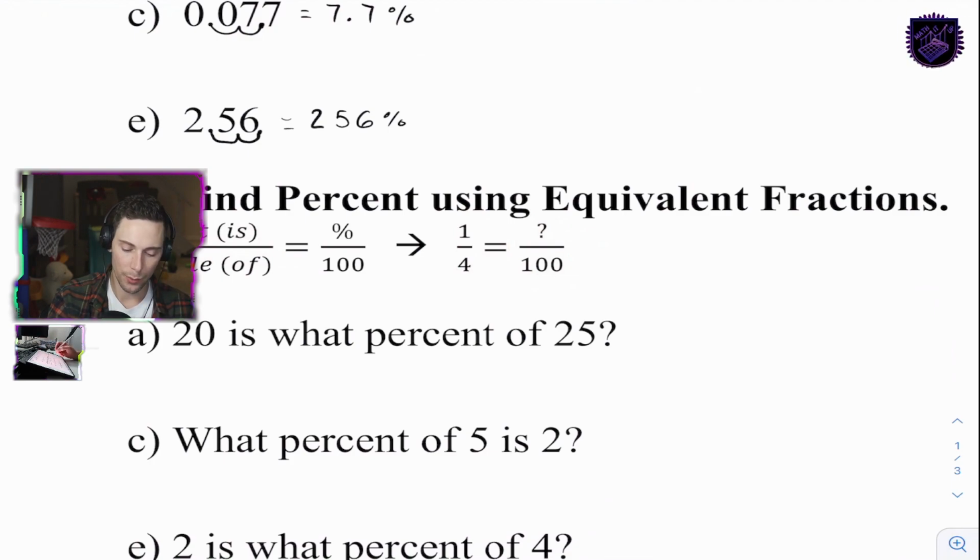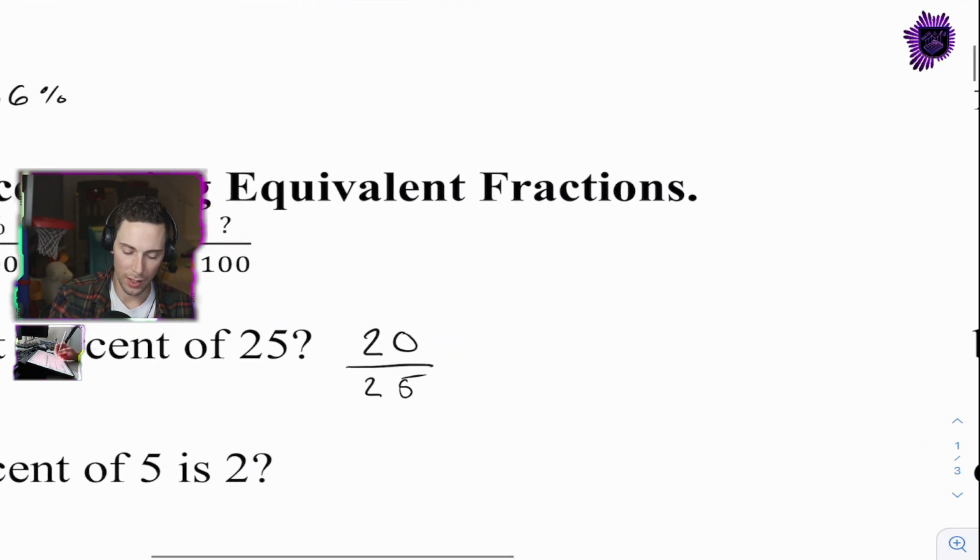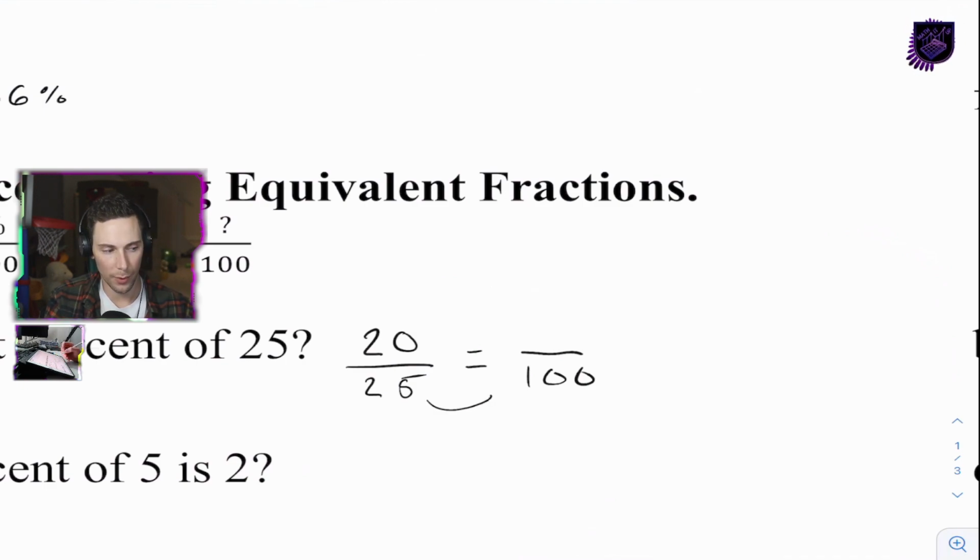20 is what percent of 25? So I'm going to write 20 over 25, and I'm going to use an equivalent fraction here. So this is going to be something over 100, right? If I want to turn 25 into 100, I want to make sure that I multiply by 4, right?